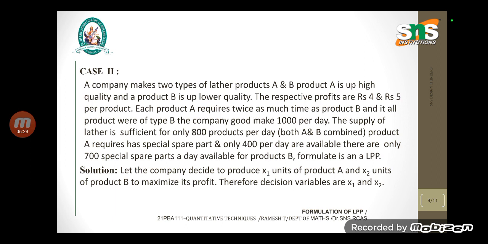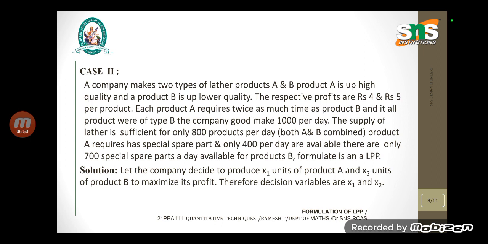A company makes two types of leather product, A and B. Product A is high quality and product B is of lower quality. The respective profits are rupees 4 per product A and rupees 5 per product B. Each product A requires twice as much time as product B, and if all products were of type B, the company could make 1000 per day.